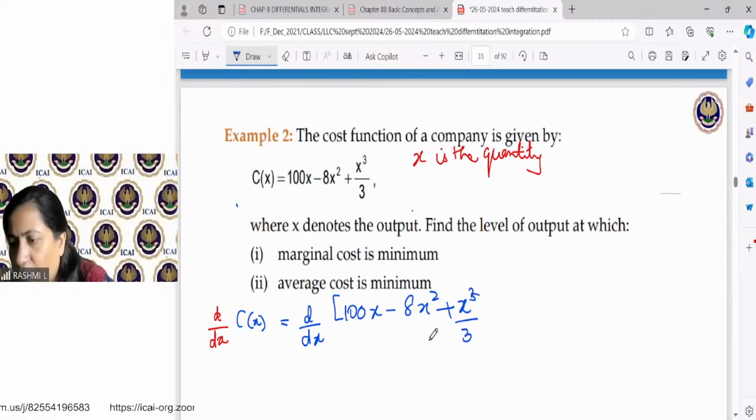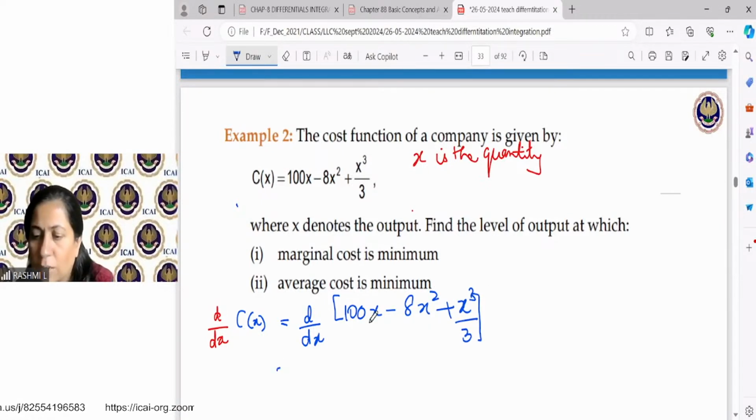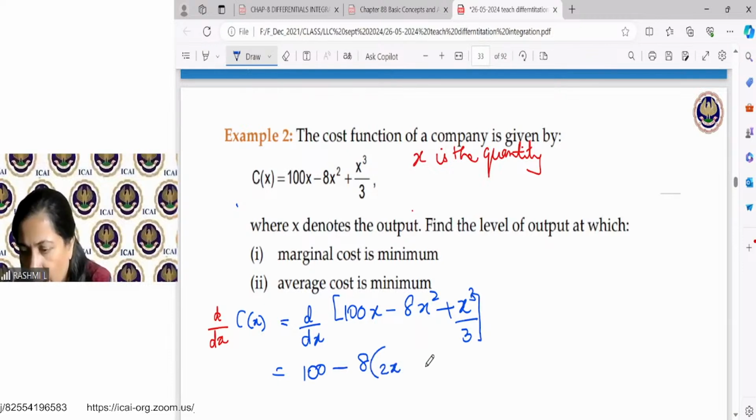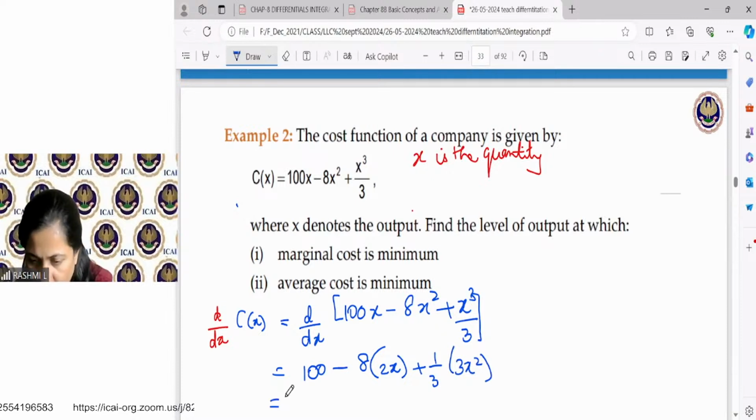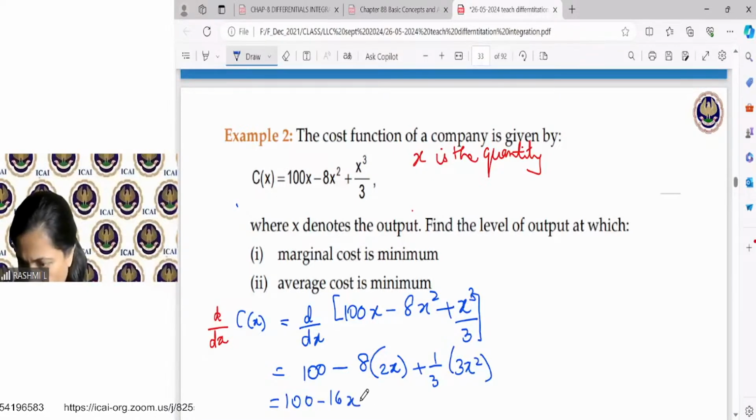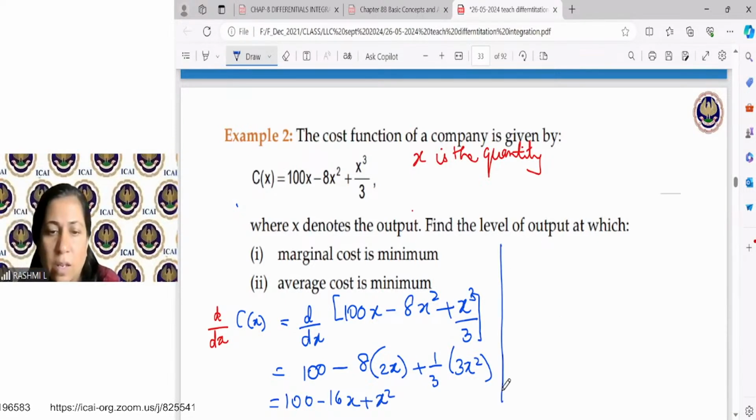I'll find the derivative. What is the derivative of 100x? It is 100, minus 8 into derivative of x square, which is 2x, plus 1 by 3 times derivative of x cube, which is 3x square. So this is equal to 100 minus 16x plus x square.